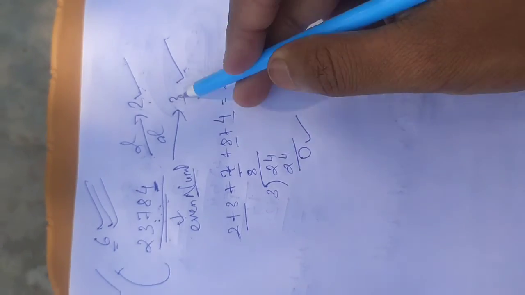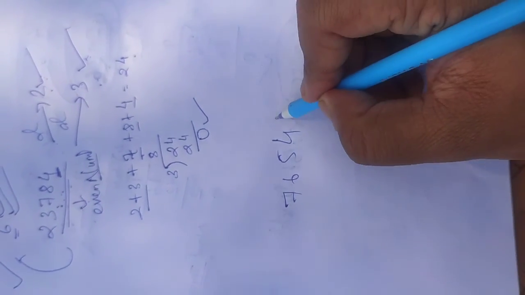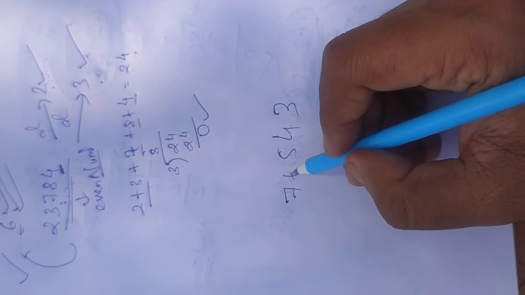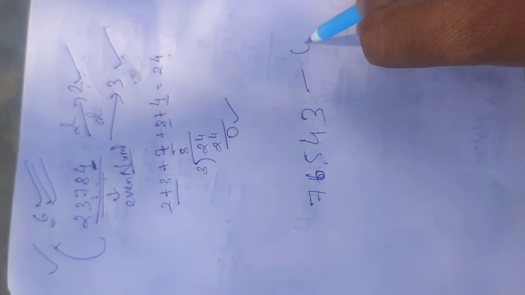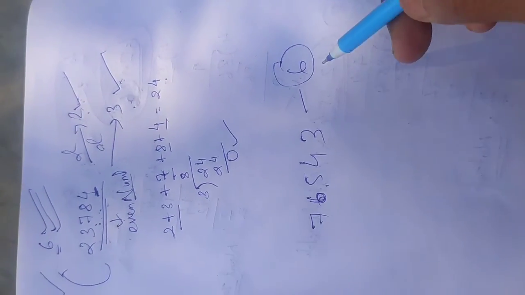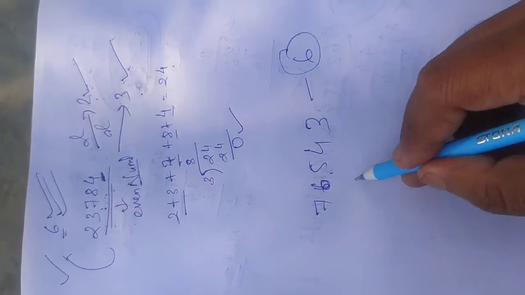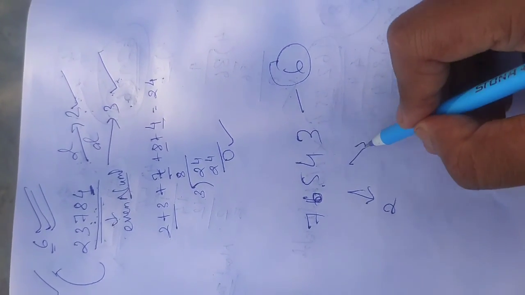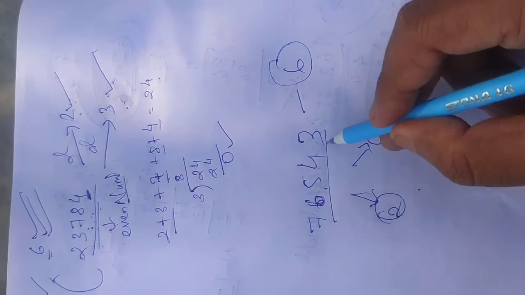So for 6, it is a little different. You have to check for 2 and 3. Now let's take a number, 7, 6, 5, 4, 3. Now we have to check this for divisibility by 6. To check the divisibility by 6, what did I say? We have to check for 2 and we have to check for 3. Now check for 2. Is this number an even number?